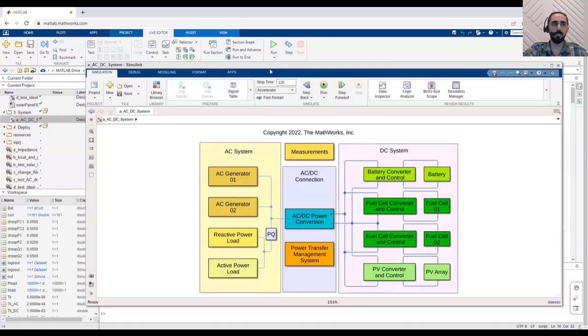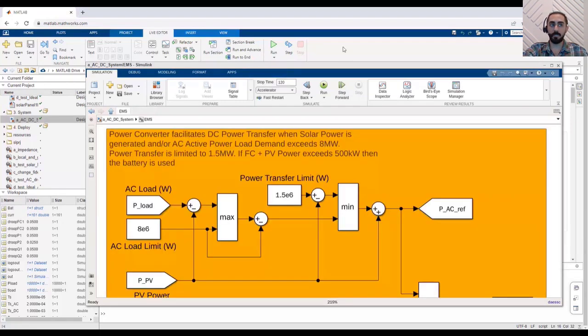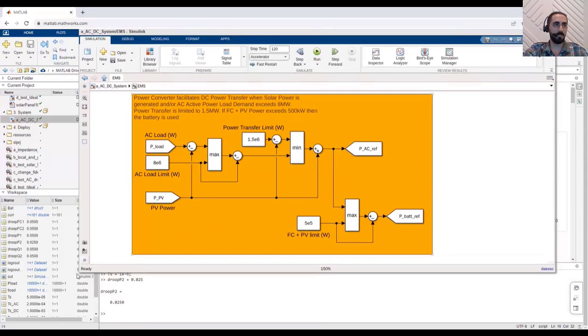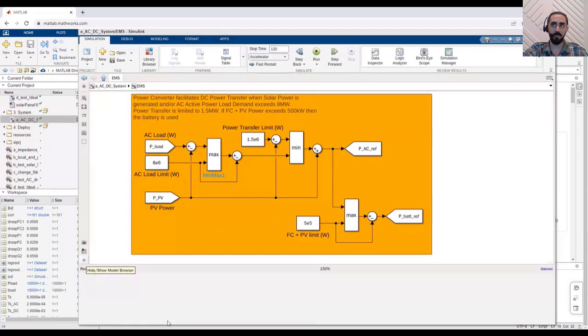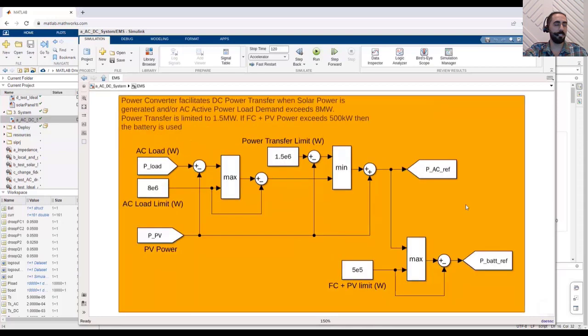We want to start looking at the operation of this system and make sure that the power management system, the power transfer management, is working appropriately and all the components are doing what they're supposed to. So we put together this high-level power management system, and we focus on the key elements in here.